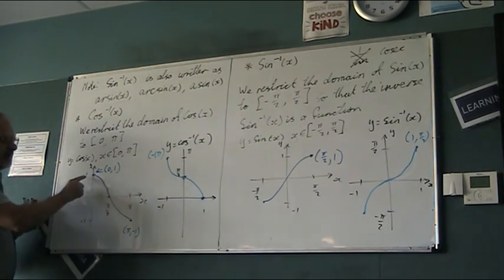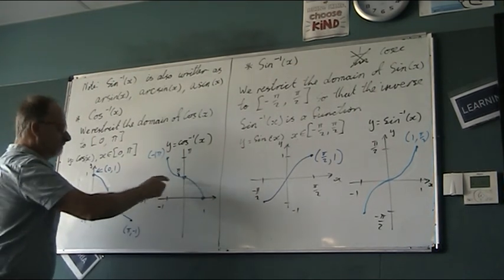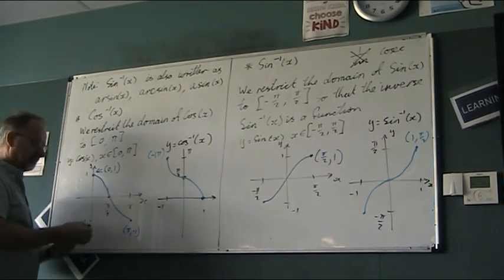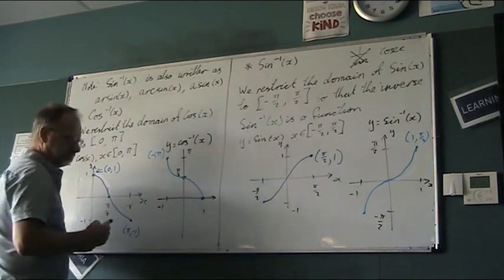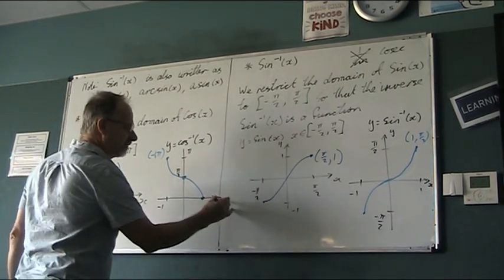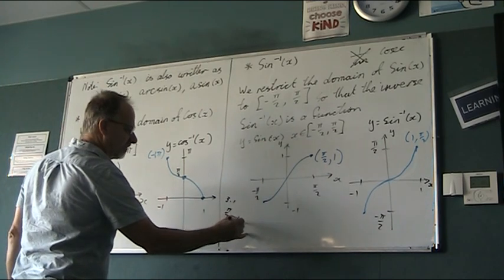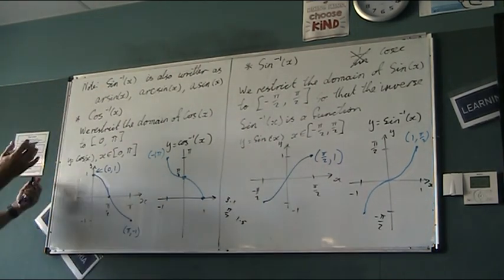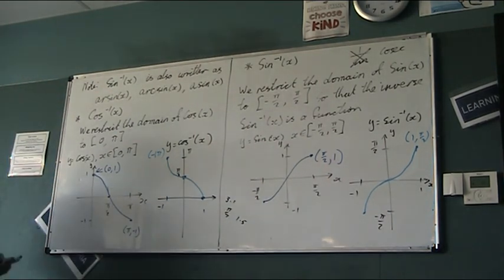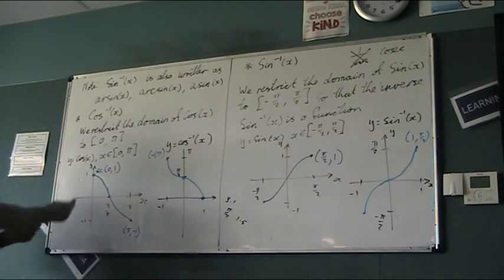So like that's 1, pi on 2, well what's pi? Pi is 3.1 or whatever. So pi on 2 is about half that, so about 1.5 or something like that. So cos of the inverse of cos would be like going up to 3.1. Yeah, that's right.